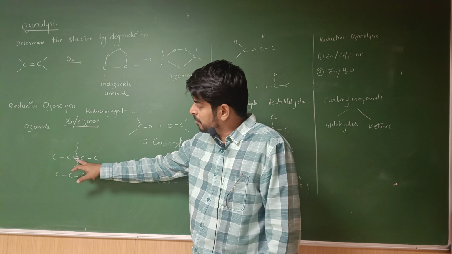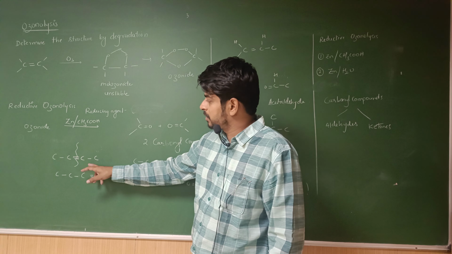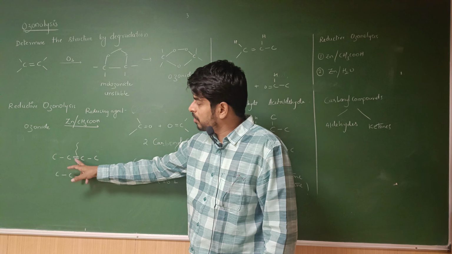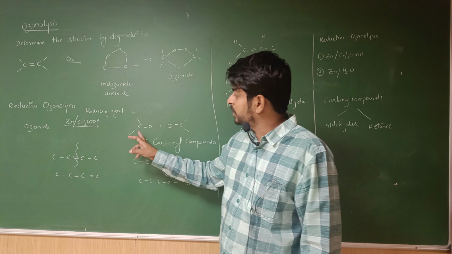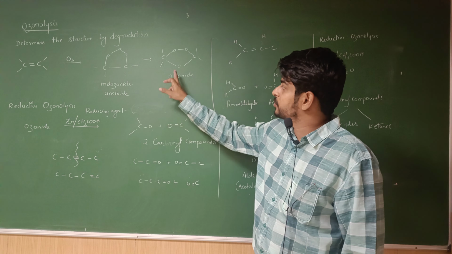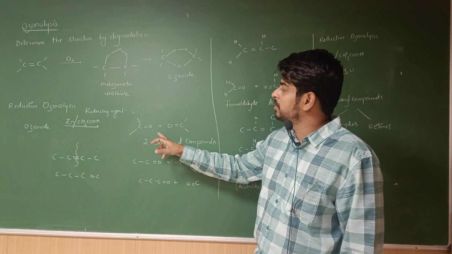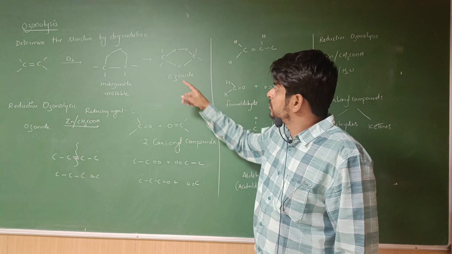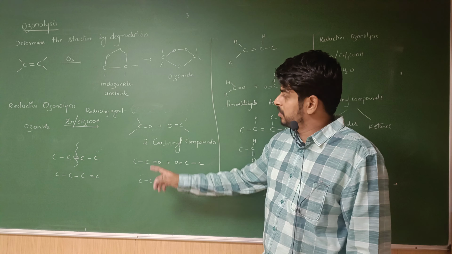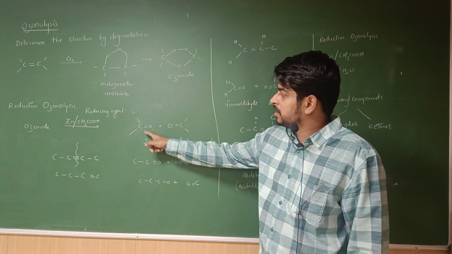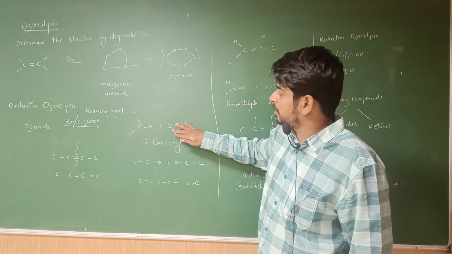Wherever the double bond is there, break it. Instead of the double bond, put a double bond O, because this ozonide finally rearranges to carbonyl compounds. So it undergoes a rearrangement like this and becomes a carbonyl compound. The other part also becomes a carbonyl compound.